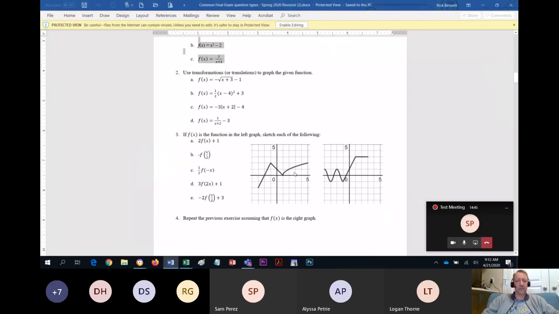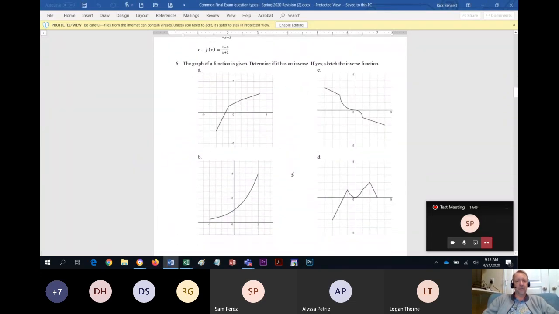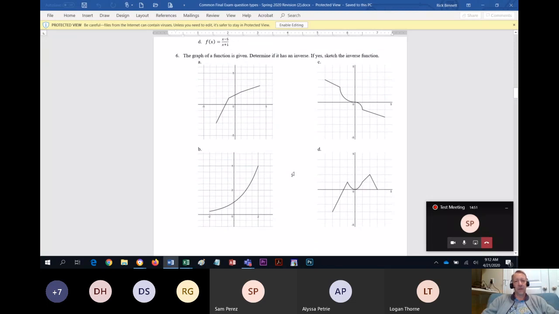Is it the horizontal line test or the vertical line test? Nope, it's the horizontal. So a function's one-to-one if it passes the horizontal line test.